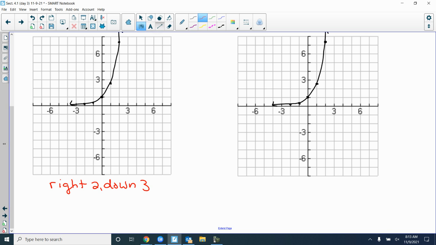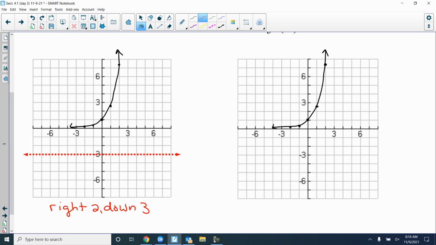If our horizontal asymptote is moved, you need to draw it in there. Since it moved, it's not going to go towards 0. It will go towards -3. We need to draw that in there. Now move every point, and we're going to approximate because, like I said, everything's to a decimal here. I'm going to make this red. I go right 2, down 3. I take this point here, 1, 2.7, go right 2, down 3.